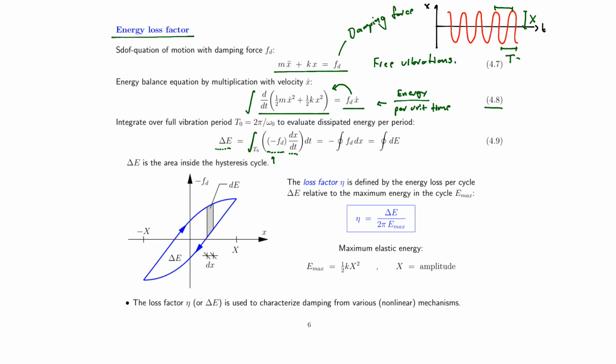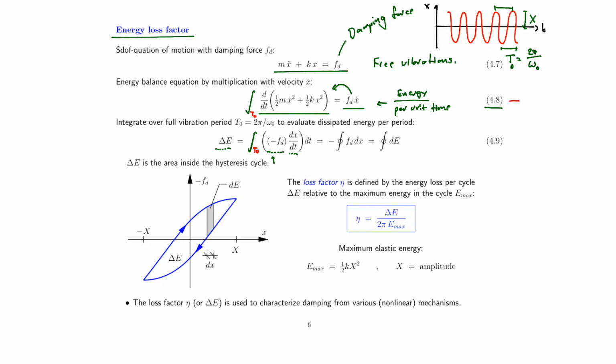We will have a constant period that is equal to 2 pi divided by omega. And we will go even further and assume that, because we are in free vibrations, we integrate over the natural period of our structure. That means we have 2 pi divided by omega 0. So the integral that we apply in equation 4.8 is actually an integral over the period.